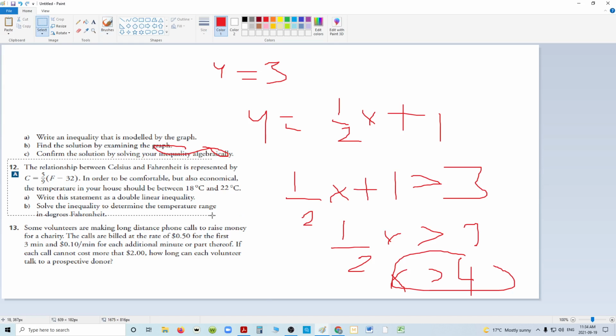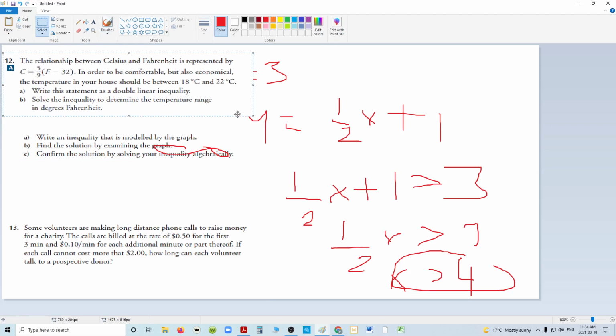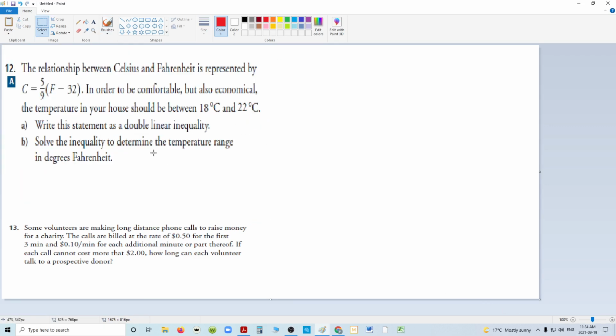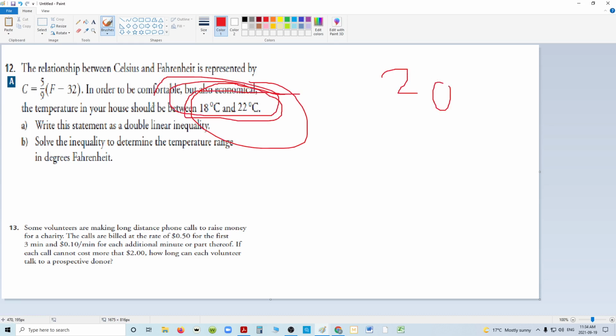This is the standard formula for converting Fahrenheit to Celsius. Generally speaking, room temperature is considered 20, but people are most comfortable in this range depending on what they are. Write a statement of a double linear inequality.